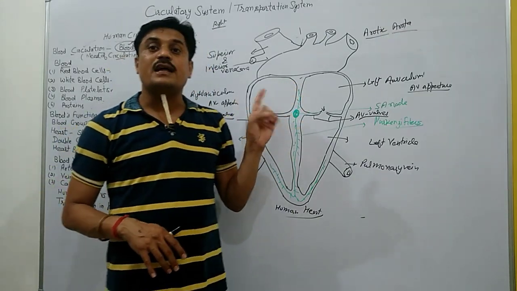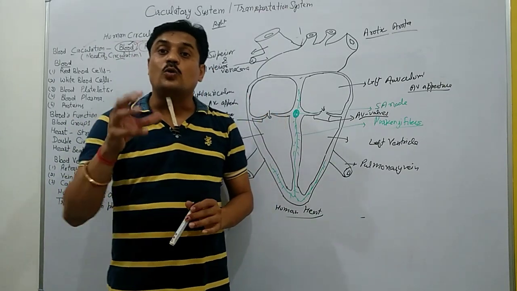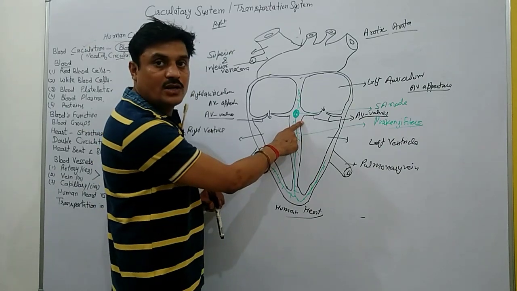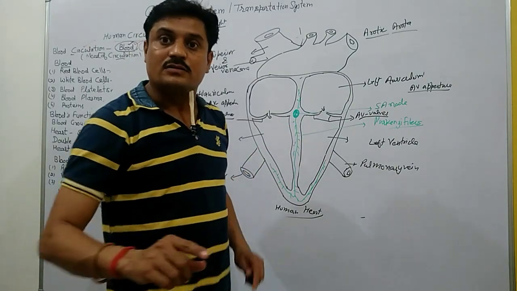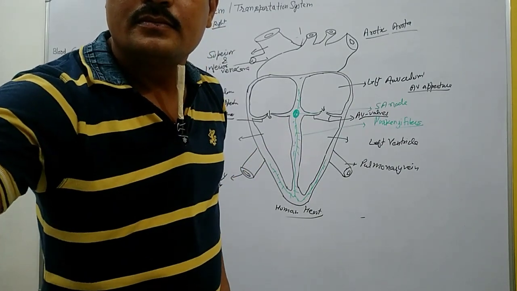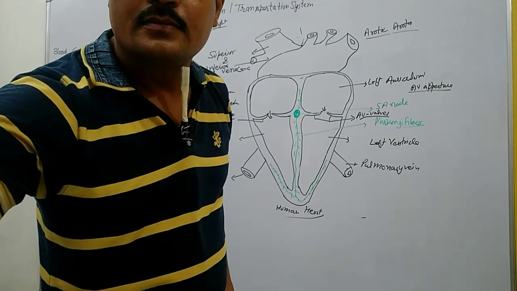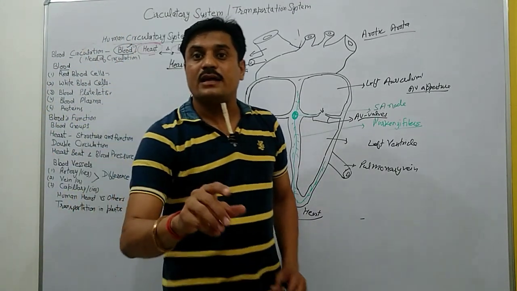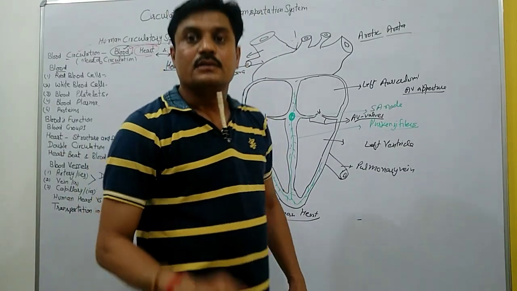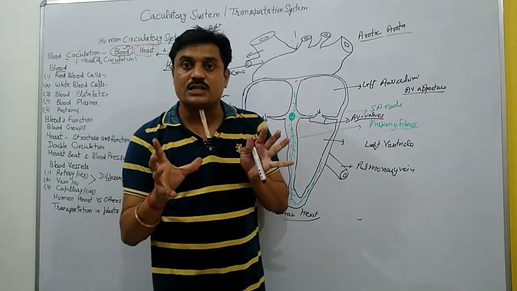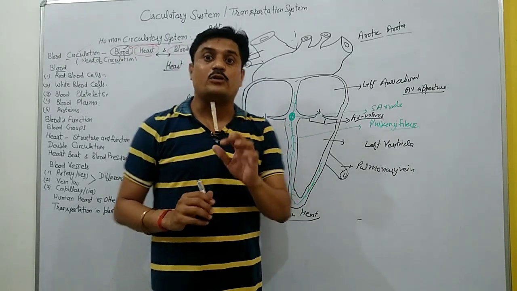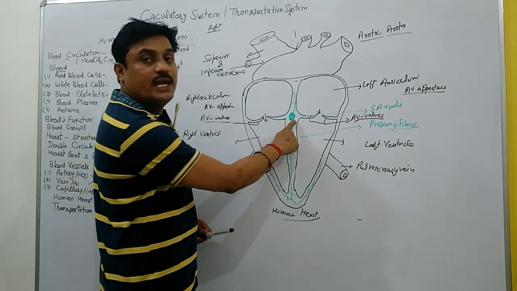This contraction and relaxation in the human heart is operated by the SA node. The rhythmic contraction and relaxation of the human heart is regulated by this SA node.